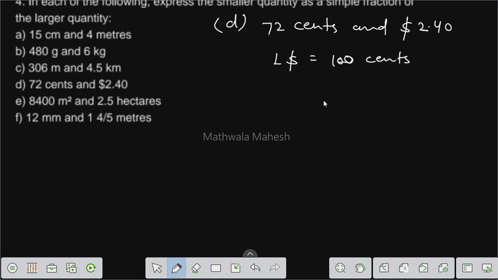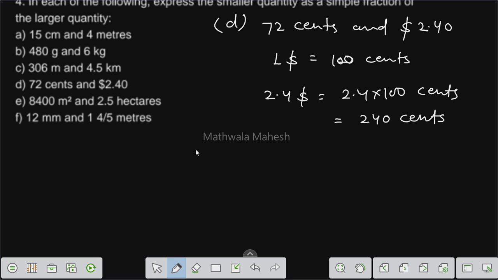It means $2.4 equal to 2.4 into 100 cents, which is 240 cents.